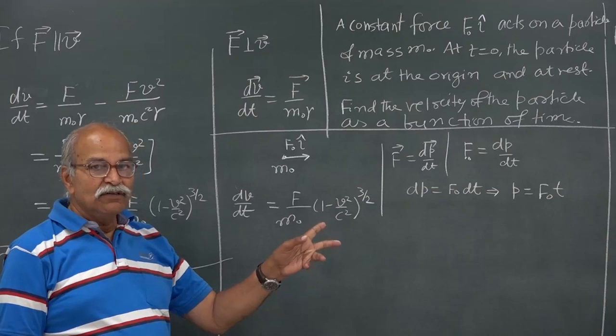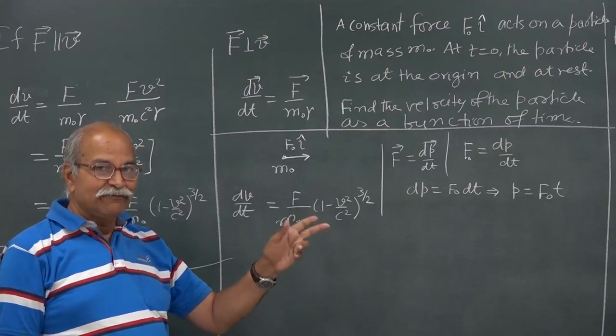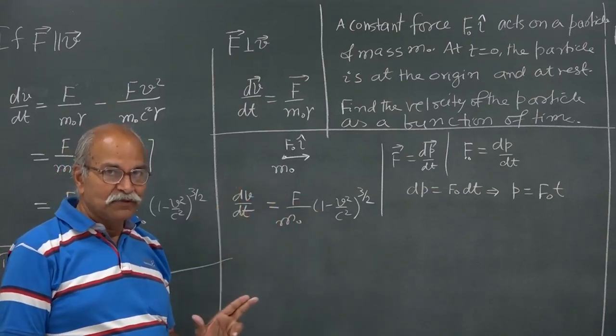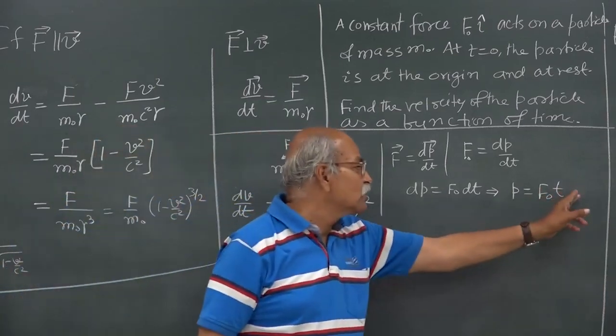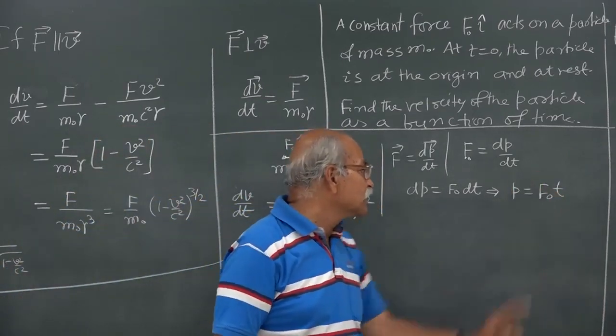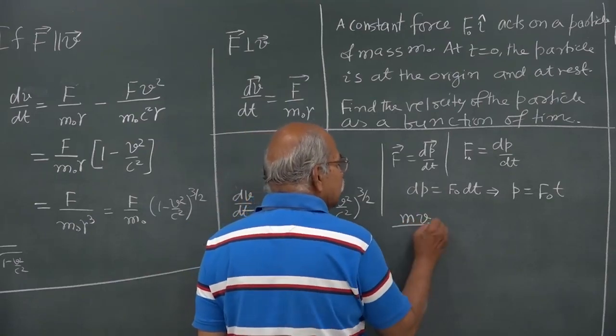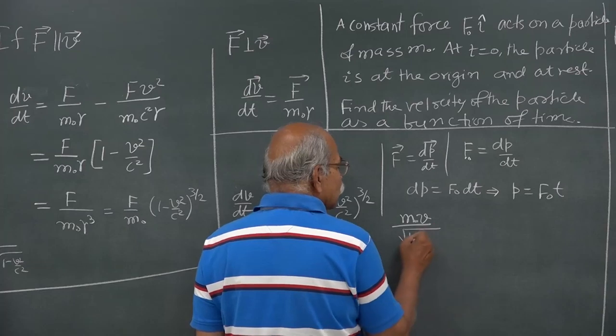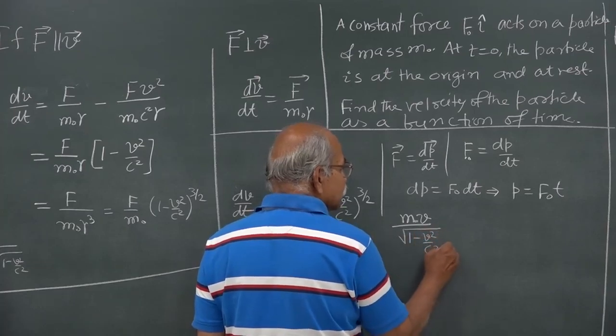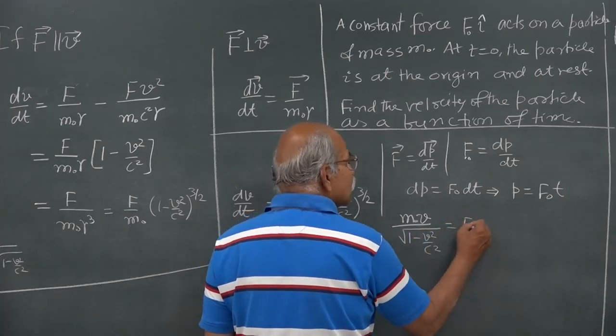Initially at t equal to 0, velocity is 0, and therefore the linear momentum is also 0, so the integration constant is 0 and P is F naught t. And what is P? P is m naught v divided by square root of 1 minus v square by c square, and this is equal to F naught t.